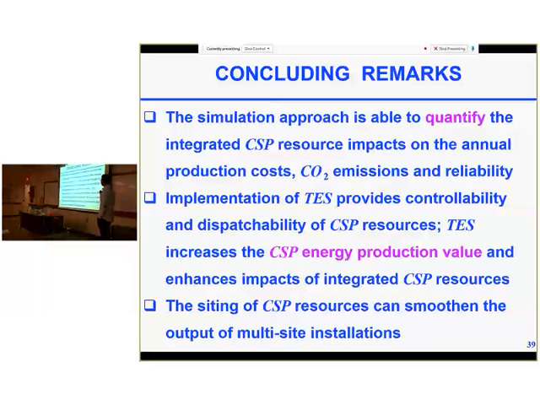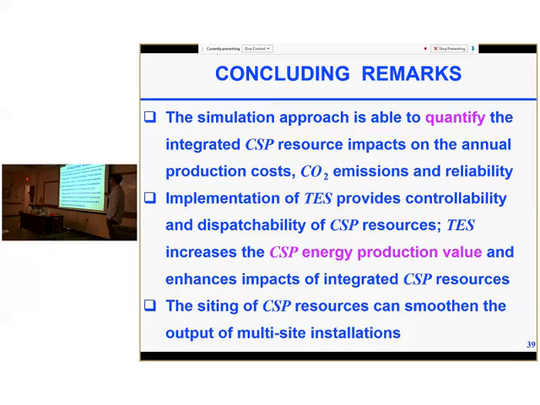Finally, I'm giving some concluding remarks about my research. This approach is able to quantify the impacts of the integrated CSP resources on the production cost, CO2 emission, and the reliability. We can also say that implementation of the storage provides some controllability and dispatchability of the CSP resources.